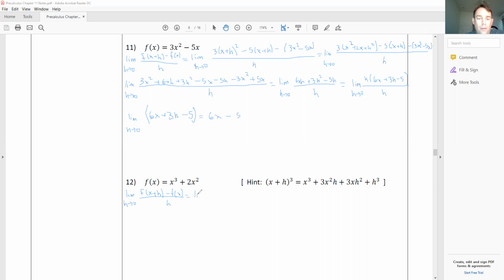So we have x plus h cubed, and I told you what that was going to be, plus 2 times x plus h squared, minus x cubed plus 2x squared.